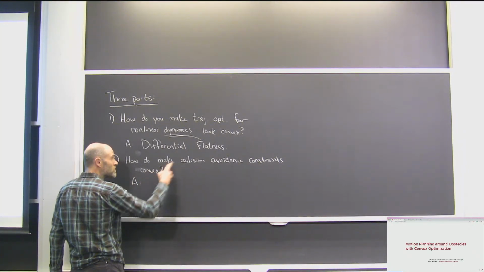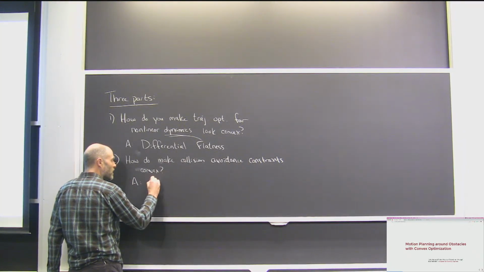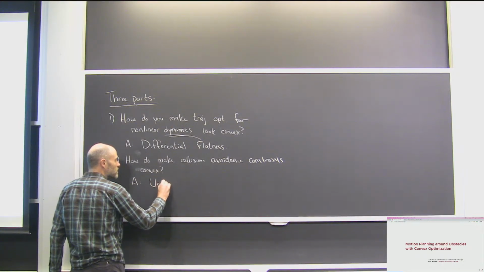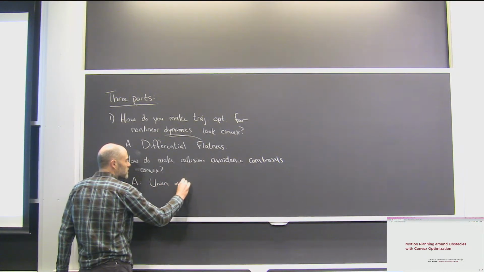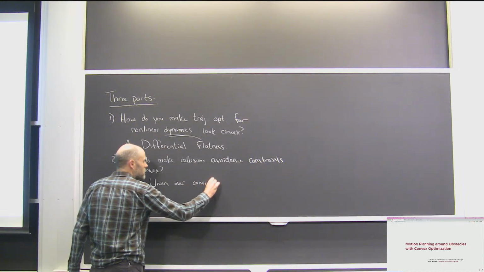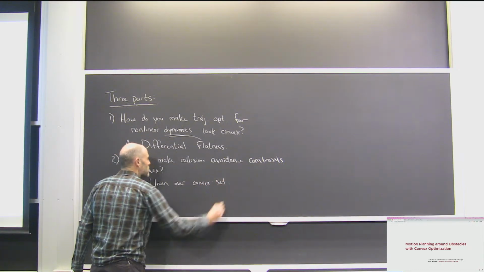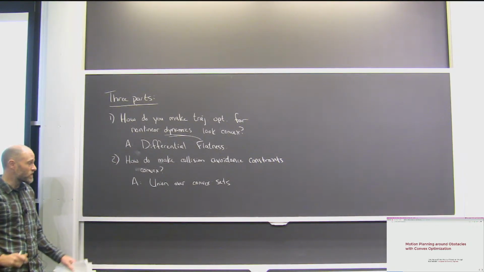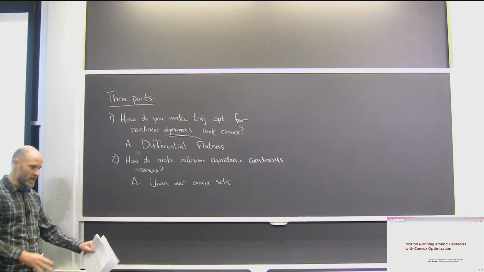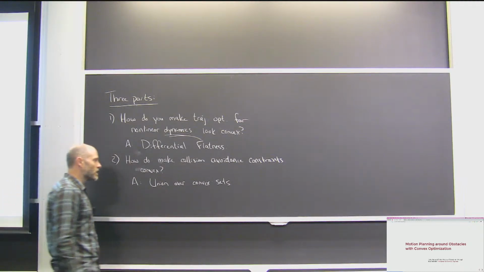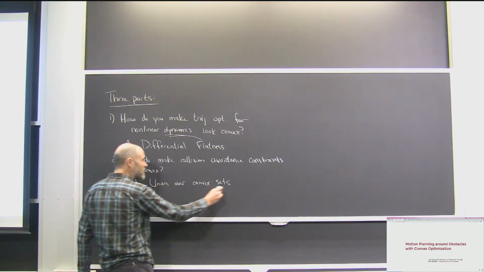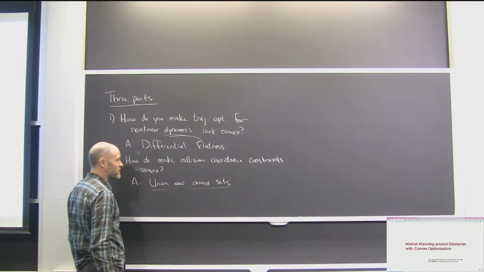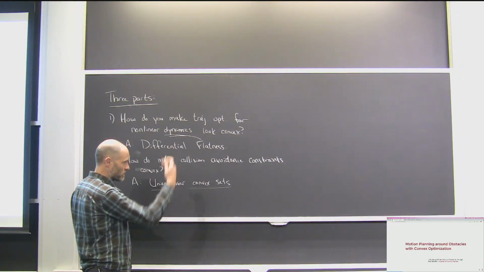You can turn these problems into a union over convex sets. Which is something you saw a bit in the footstep planning, where you have to decide, I'm going to be in this set, or this set, or this set, or this set, right? So we can make it at least into the union over convex sets for many collision avoidance kind of problems.